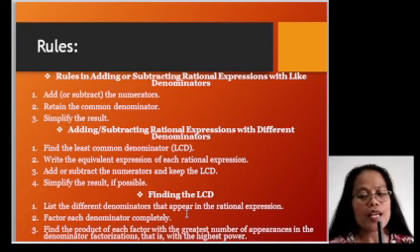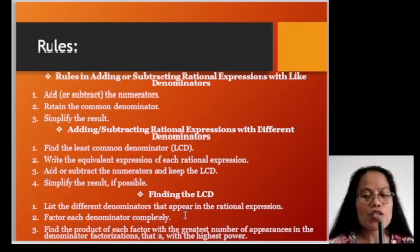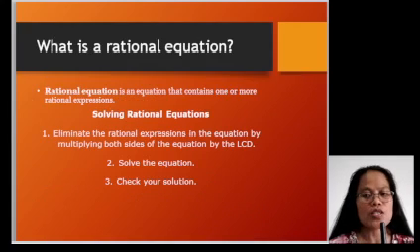And number 3, find the product of each factor with the greatest number of appearances in the denominator factorizations, that is, with the highest power. So you have to take note of those rules.